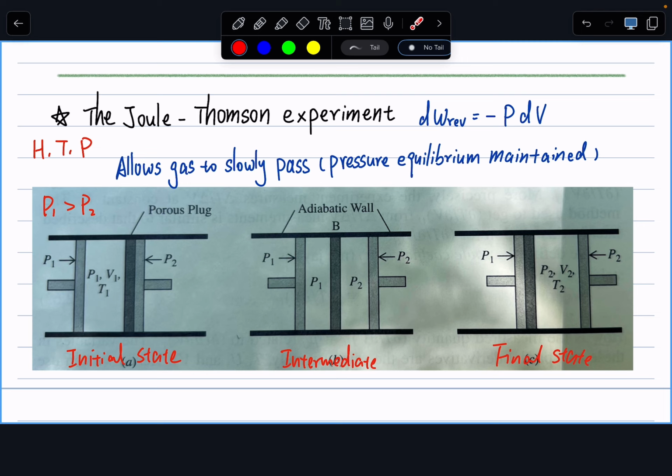So delta U equals U2 minus U1 equals P1 V1 minus P2 V2. So moving the 2 with 2, 1 with 1, what we have is U2 plus P2 V2 equals U1 plus P1 V1. Or by definition, we know that H equals U plus PV. So we have H2 equals H1.